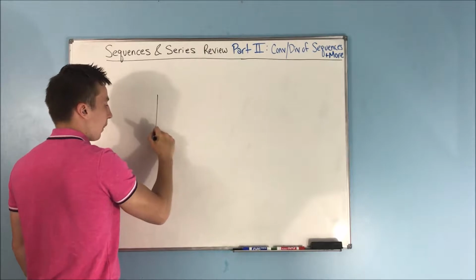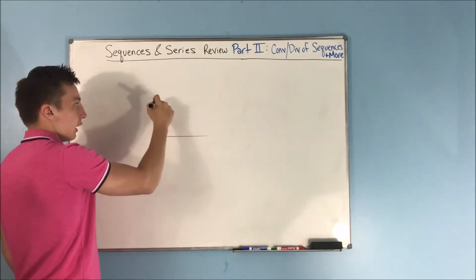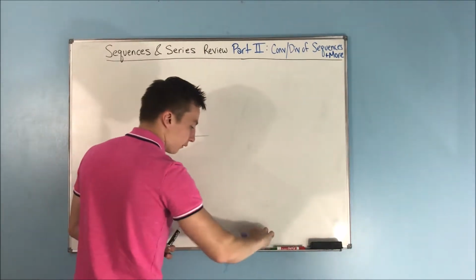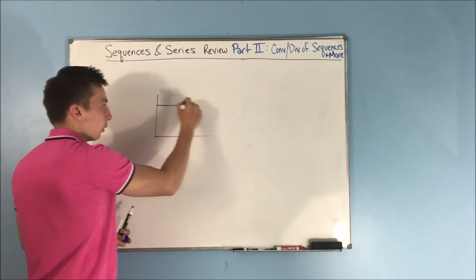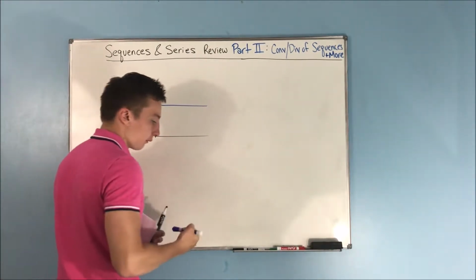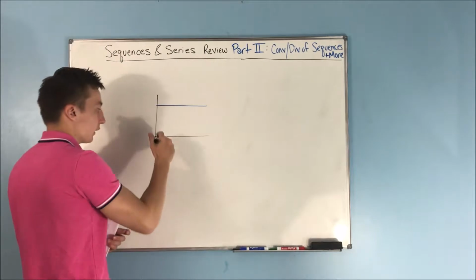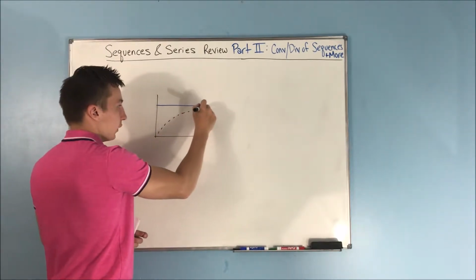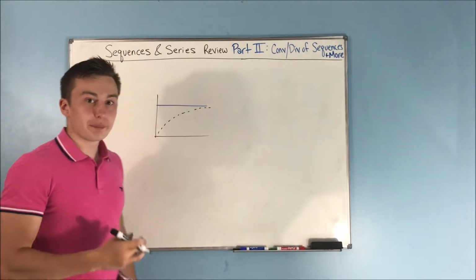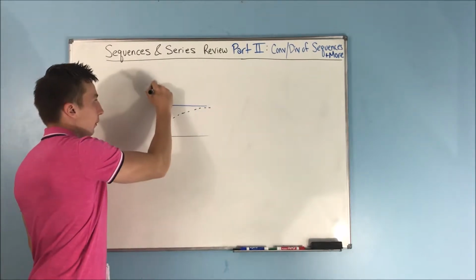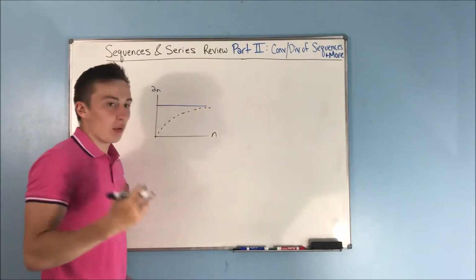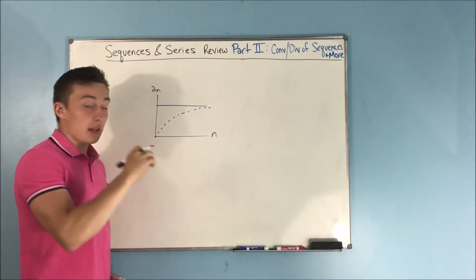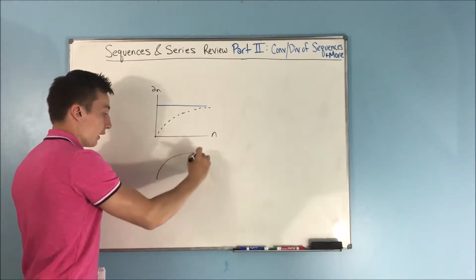them. Now, if a sequence was to converge, that means that it's approaching a finite value. Something like this, where we have a sequence approaching a finite value, and this would be your a sub n up here, this is your n. Now, why is there a dotted line rather than a line that looks like this?